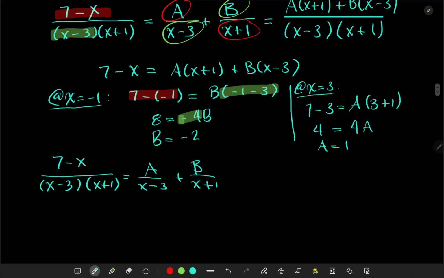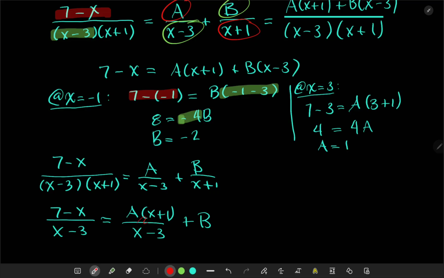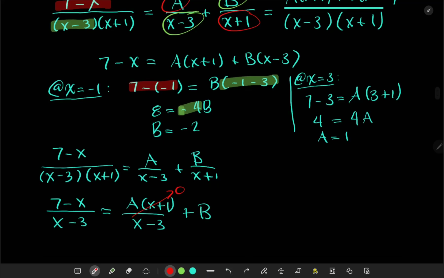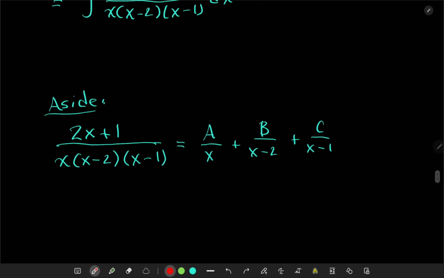If I would have multiplied both sides by x plus 1, the x plus 1 cancels, and you get a times x plus 1 over x minus 3, and then plus b. When you evaluate this at x equals -1, this whole term goes away, and then you just get that b is this expression, ignoring the x plus 1, evaluated at x equals -1. Okay, so let's try to put that in action in our problem where we have more terms.